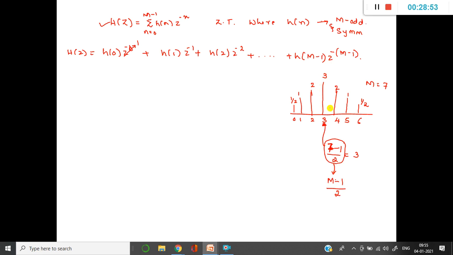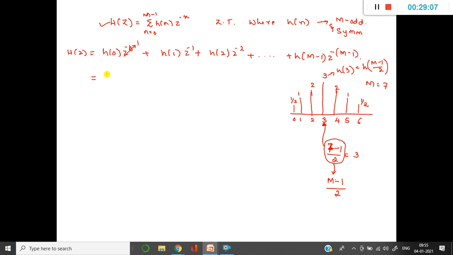If I want to fetch a middle sample, this is how I write it. So this is h(3), and I can write this middle sample as h((M minus 1) by 2).